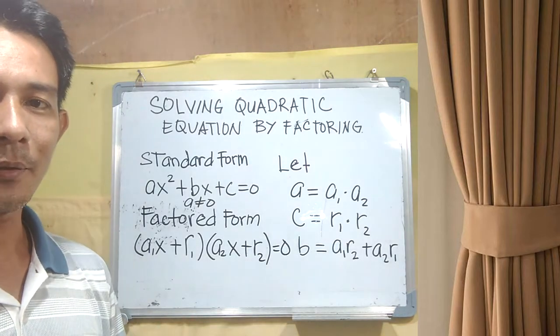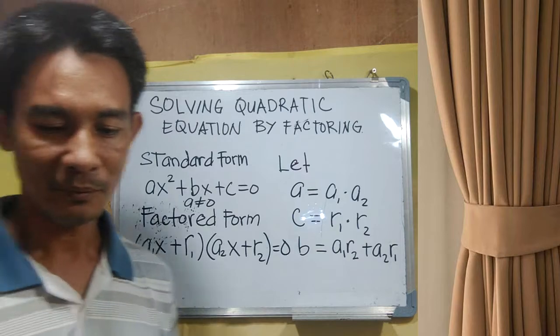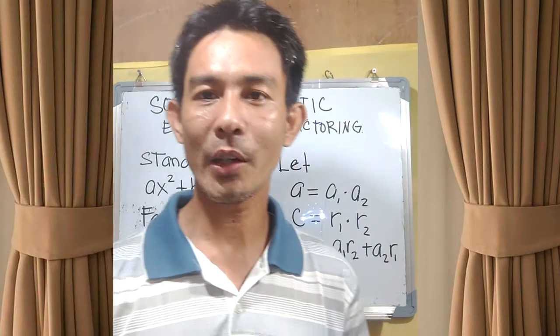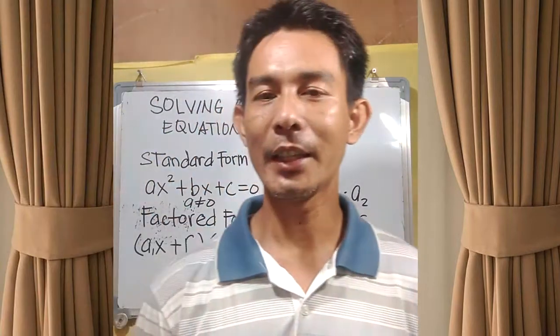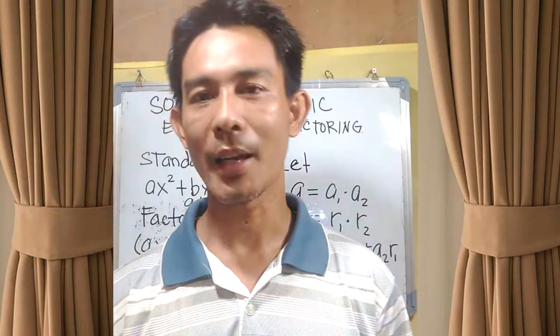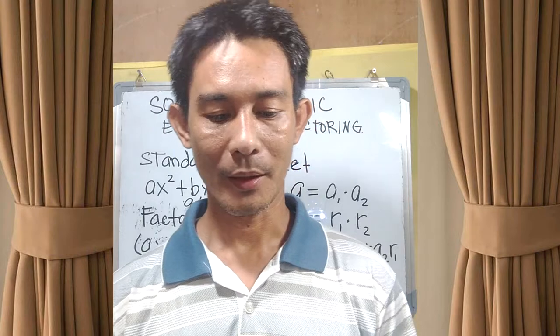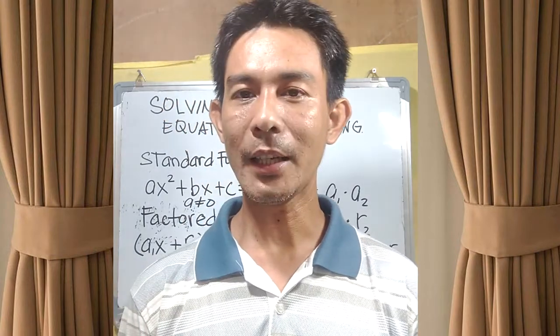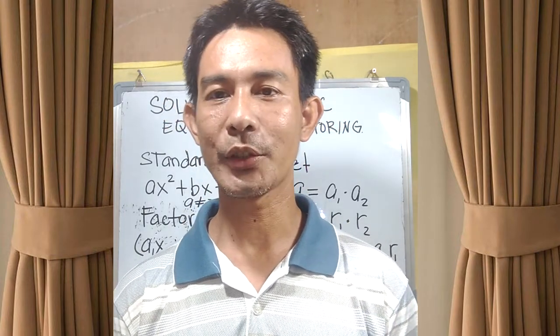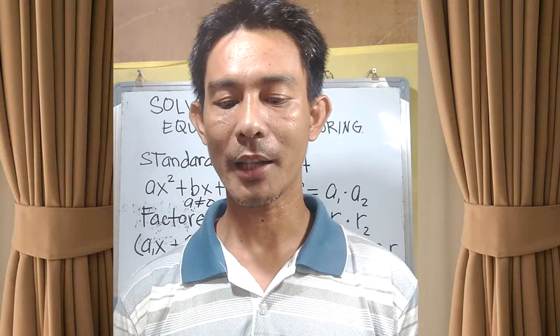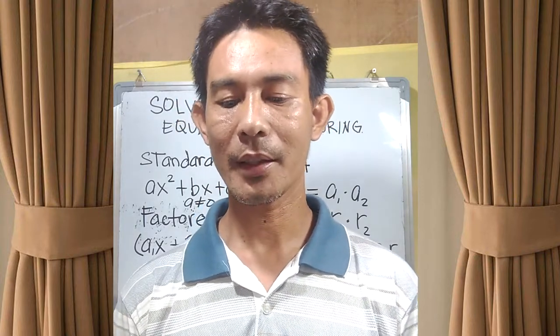So the steps in factoring quadratic equation: first, you are going to factor the leading coefficient, which is a. Then step 2, factor the constant c. And step 3, select from the factors and substitute a sub 1 times r sub 2 plus a sub 2 times r sub 1 to find b.